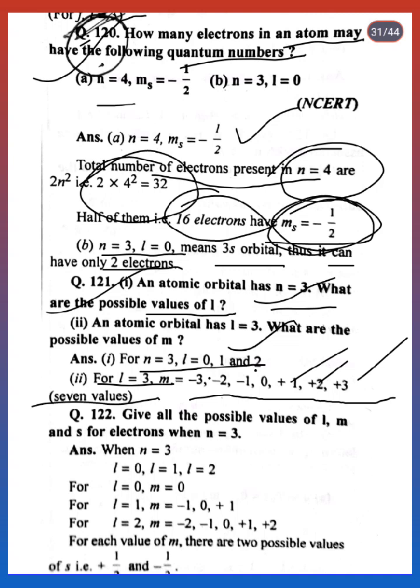Next, give the possible values for l, m and s for an electron when n equal to 3. n equal to 3, l equal to 0, l equal to 1, l equal to 2. For l equal to 0, m equal to 0, because we follow the rule that l value is 0 to n-1.